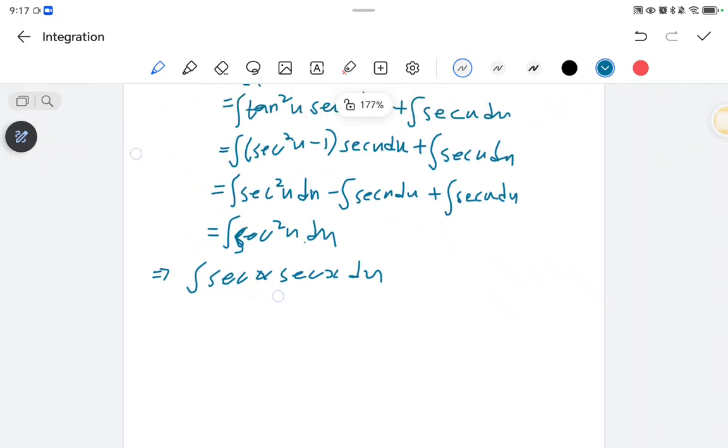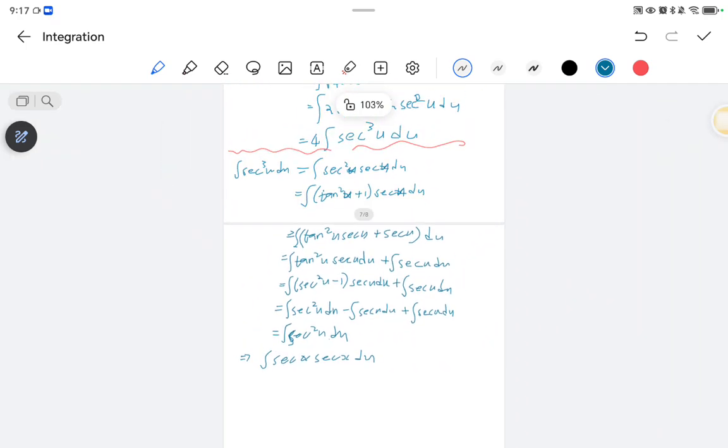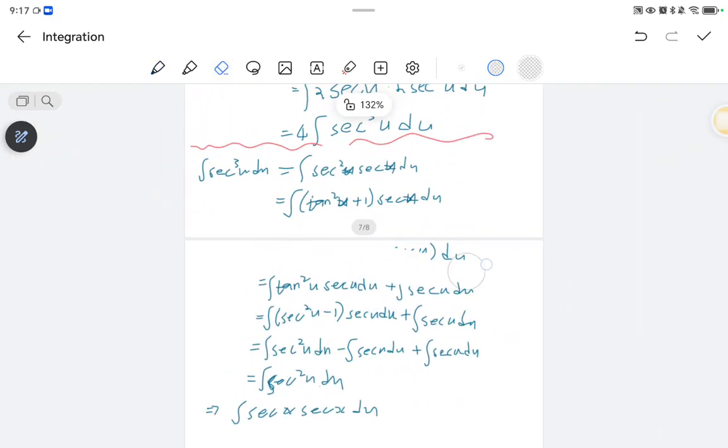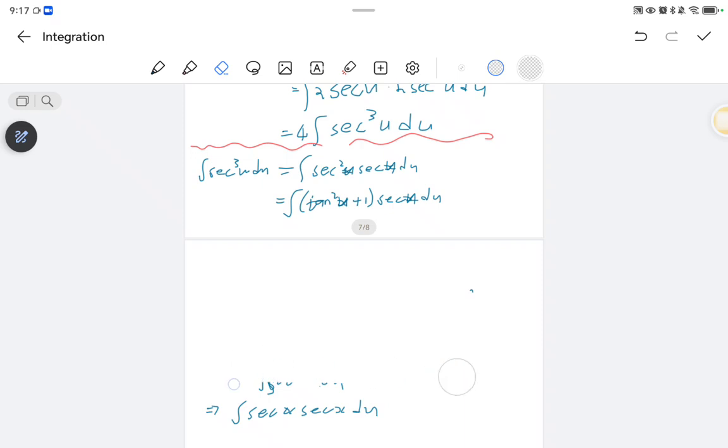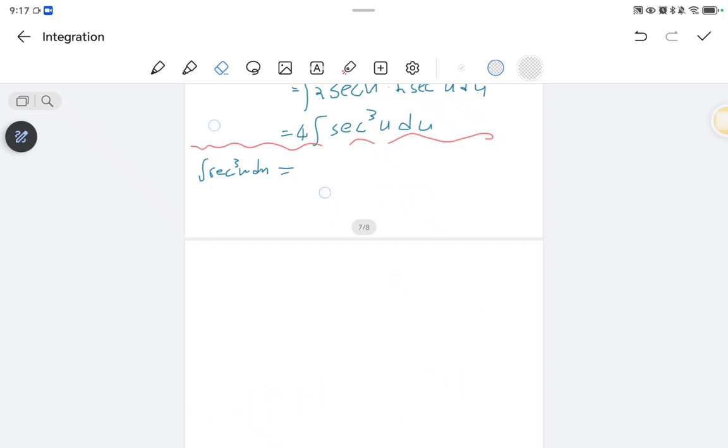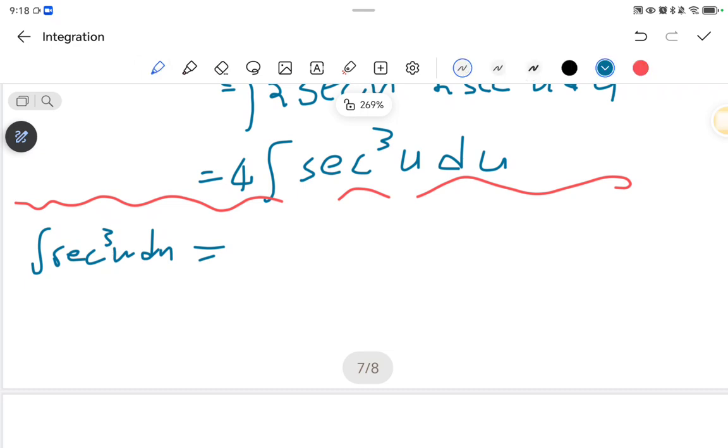Yeah, I think also this one will be too long, right? But that's fine. I think we can use by parts. I don't want to use by parts, but with by parts it will be fast. So let's just use by parts. We have no choice. So with by parts, right, this is just an alternative way to do it.